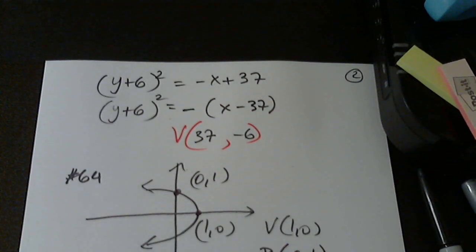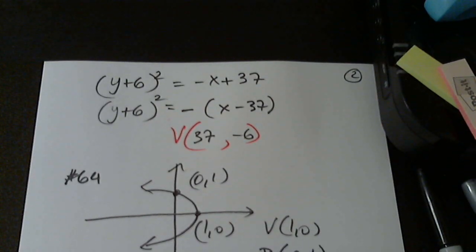Okay, one option would be to simply look at the list of possibilities. Since it opens to the left, we know exactly how to write it. It has to have y minus the y coordinate of the vertex, squared, equals negative 4a times x minus the x coordinate of the vertex. So let's do just that. y minus 0, everything squared, equals negative 4a times x minus 1.